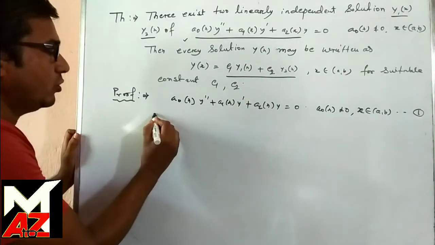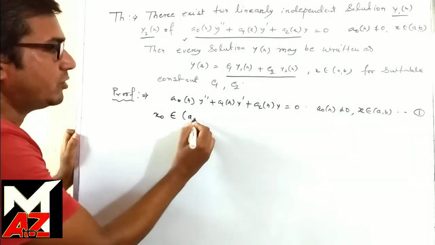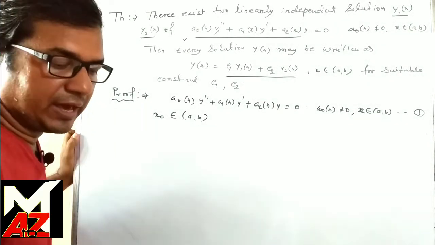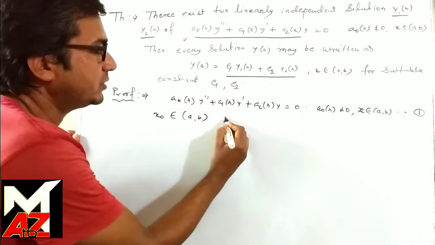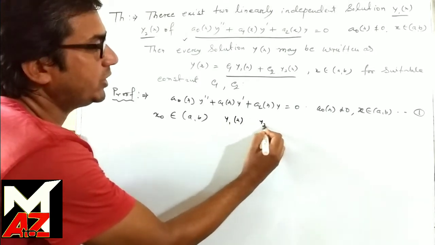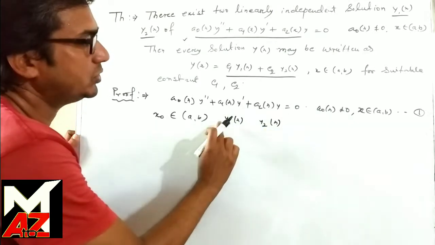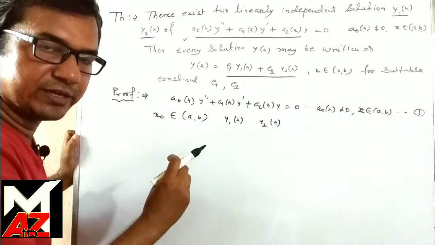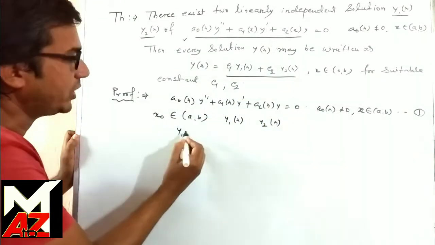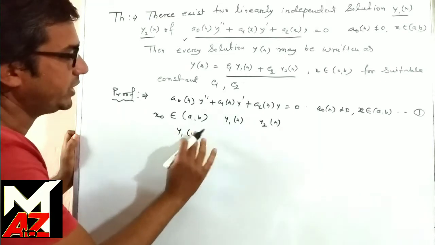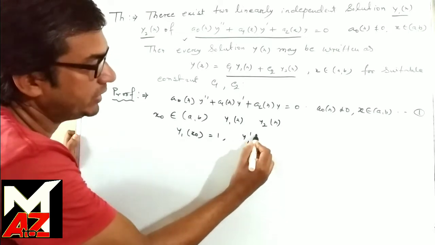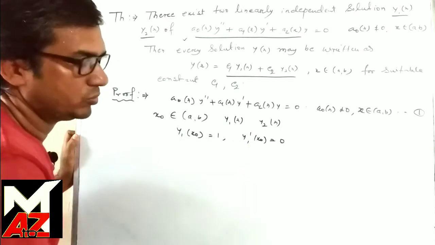Let x0 be any point in (a,b), and y1(x) and y2(x) be two solutions of 1 satisfying y1(x0) = 1 and y1'(x0) = 0.